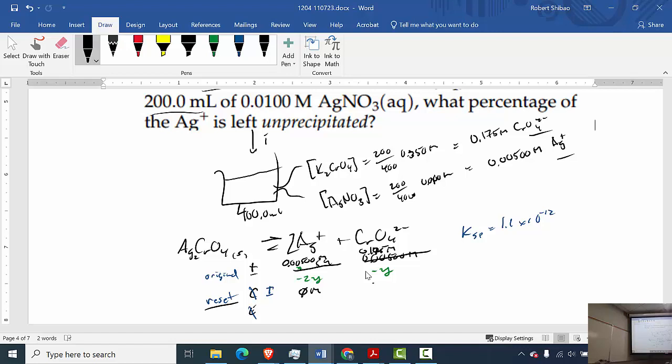So 2y is equal to 0.05, and then I'm subtracting y, which is half of that. And so that'll be 0.00250. This is going to give me 0.1725 molar. Is that all right? Okay. And so I reset it.